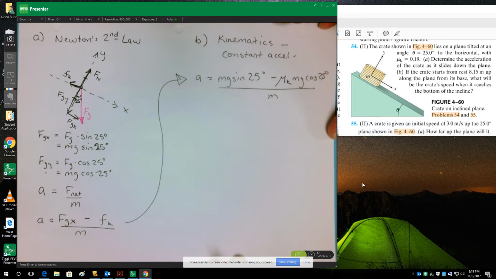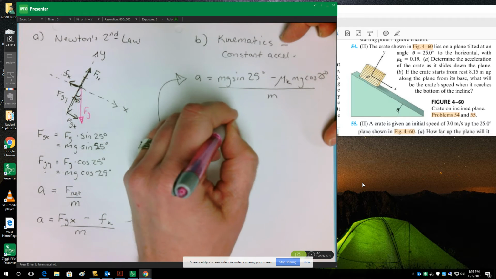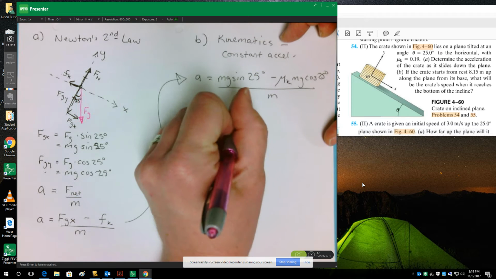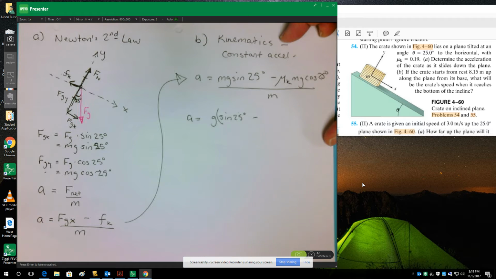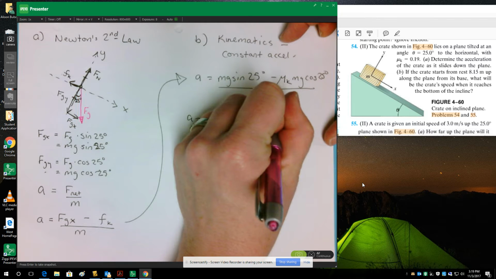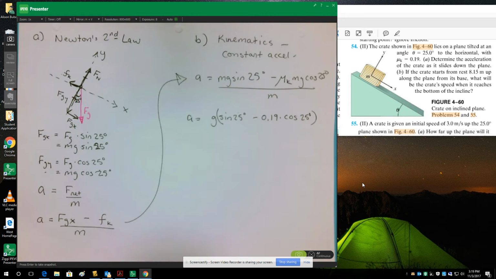And thankfully, I can factor mass out of the numerator and cancel it with the denominator mass. So I end up with g times sine of 25, oh, g I can factor out as well: g times the quantity sine of 25 minus mu sub k, which I forgot to write in but is 0.19, times cosine of 25.